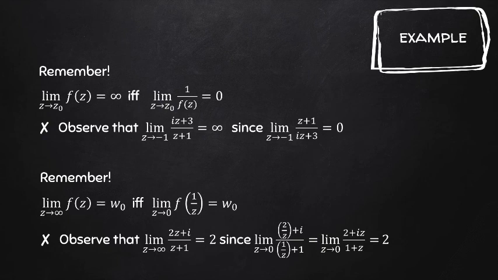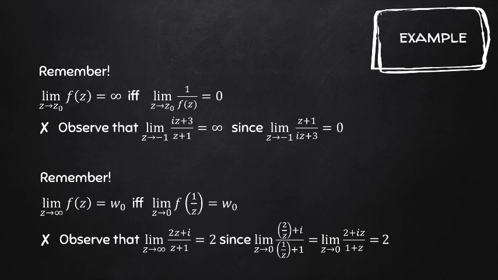That is, the limit as z tends to infinity of f(z) equals w0, where w0 is a constant, and in this case the constant is 2, if and only if the limit as z tends to 0 of f(1/z) is equal to w0.